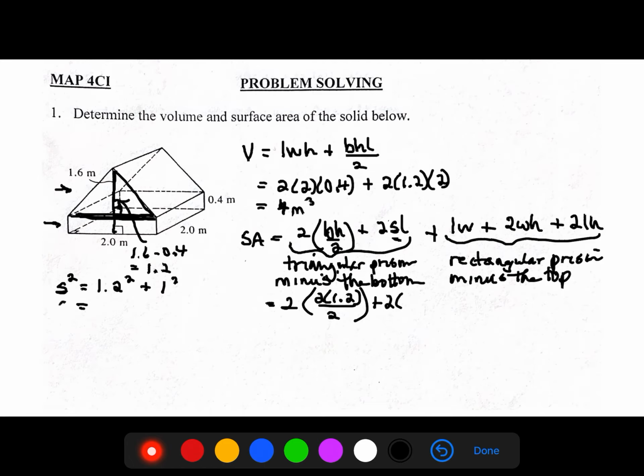So we're going to have our 1.2 squared plus half of the base of the triangle, which is just 1. So 1.2 squared plus 1 squared, get our answer, take the square root, and keeping some extra decimal places, we're going to get a slant height of 1.5620, which we can now sub into our formula.